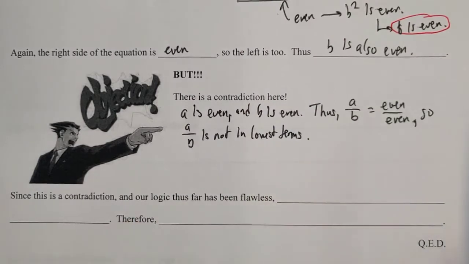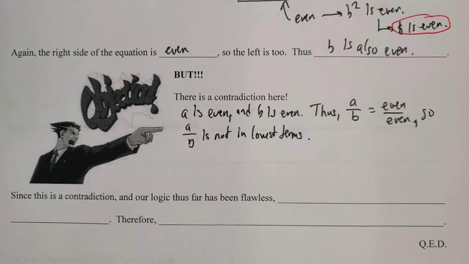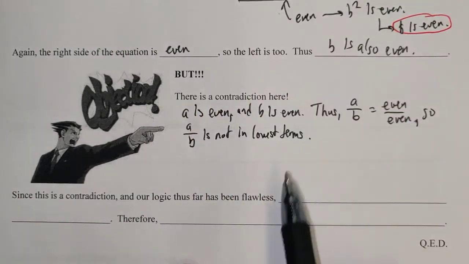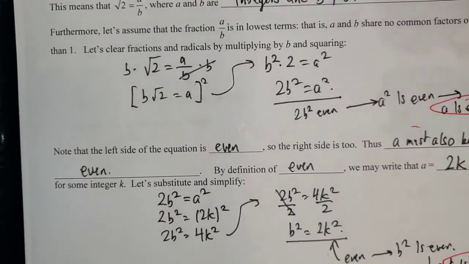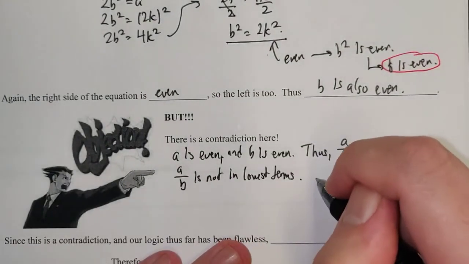Because the numerator and denominator of this fraction both have a 2 in them, I can divide the 2 out and get a fraction in even lower terms. So a over b is not in lowest terms. But we were told that a over b is in lowest terms.